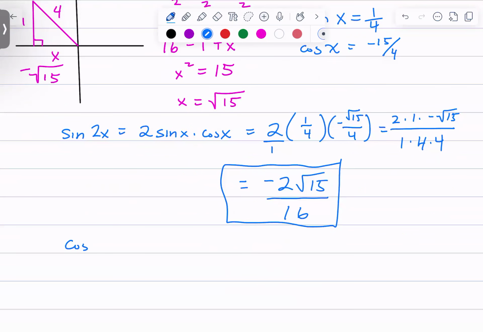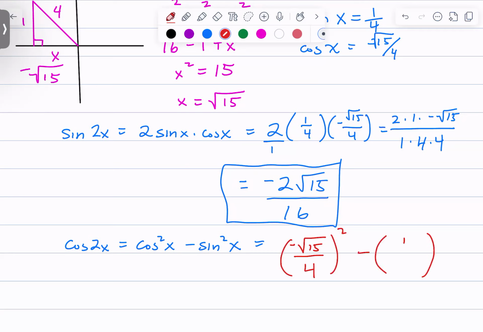And then my cosine double angle is cosine squared minus sine squared. So then cosine would be negative square root of 15 over 4, squared, minus 1 over 4 squared.